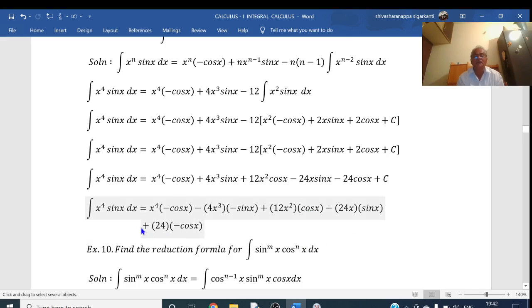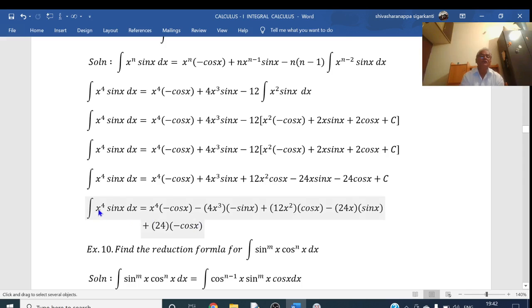Then write plus the derivative of 24x, which is 24, into the integration of sin x, which is minus cos x. Here the integration ends, because in the next term I have to write the differentiation of this term, which reduces to a constant, so this becomes 0. Zero into anything becomes 0. That is, after this step all the terms become 0.